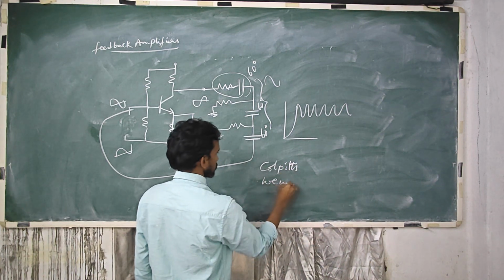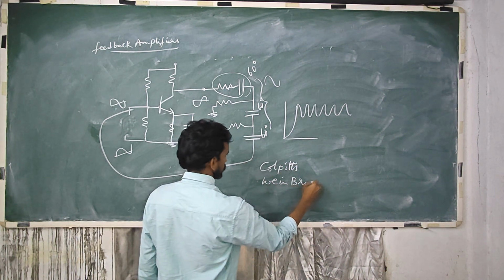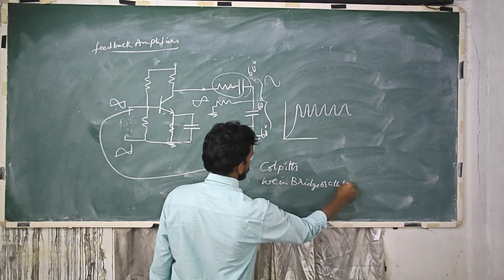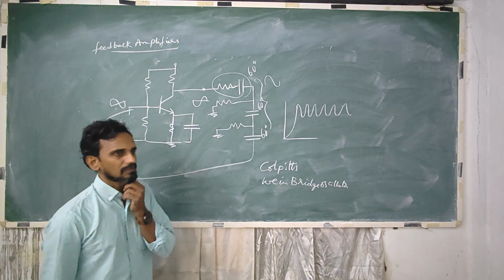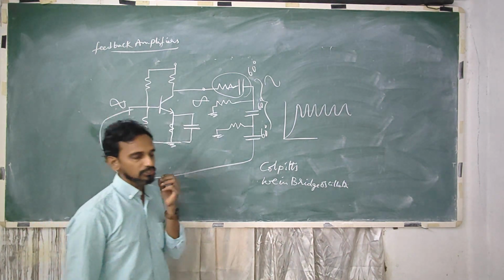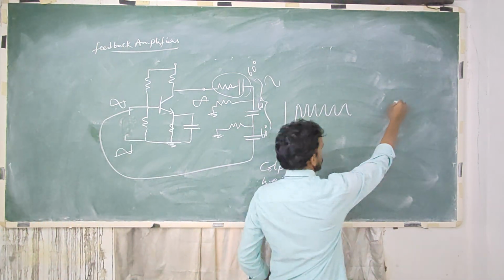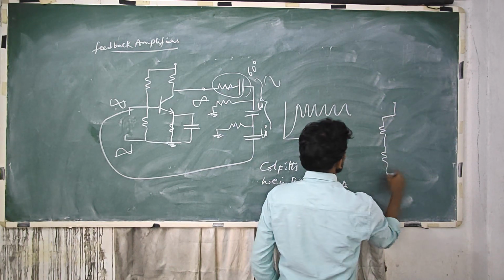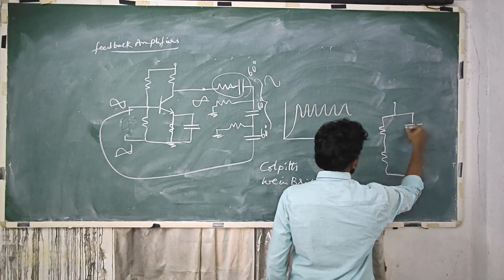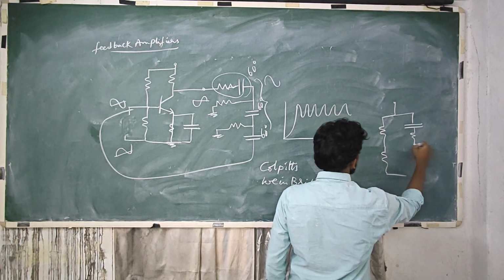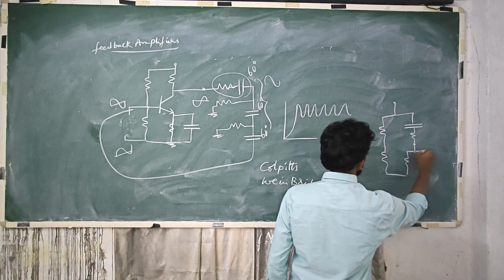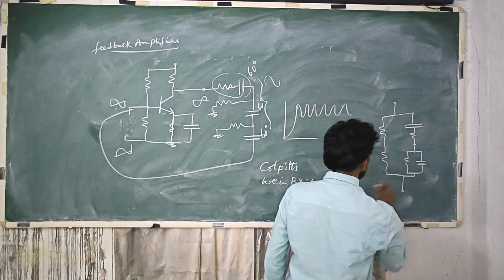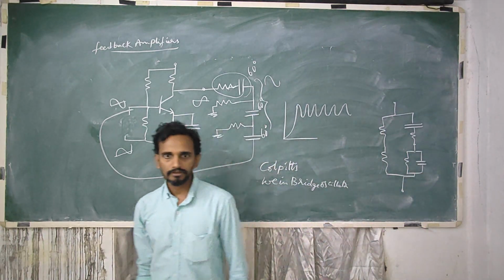Wien bridge oscillator. Wien bridge is a part of bridging networks, like it was initially developed to measure the unknown resistance using parallel and series combinations of resistors and capacitors. This is the Wien bridge.